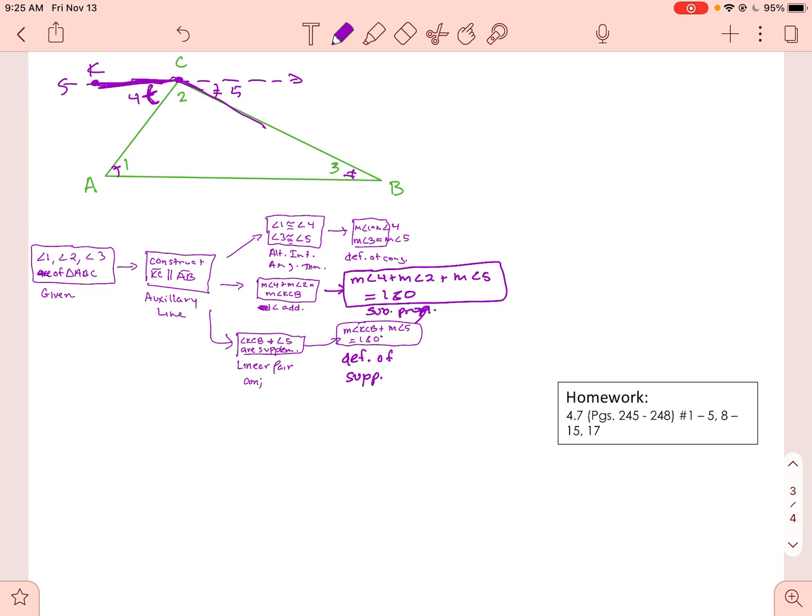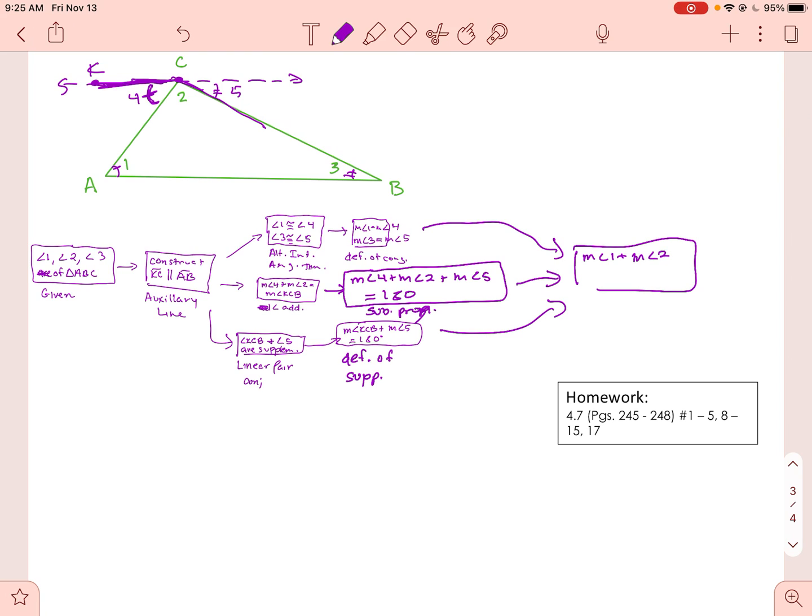All right. Now, at that point, all this information leads to, since angle 4 is equal to angle 1, you get the measure of angle 1 plus the measure of angle 2.